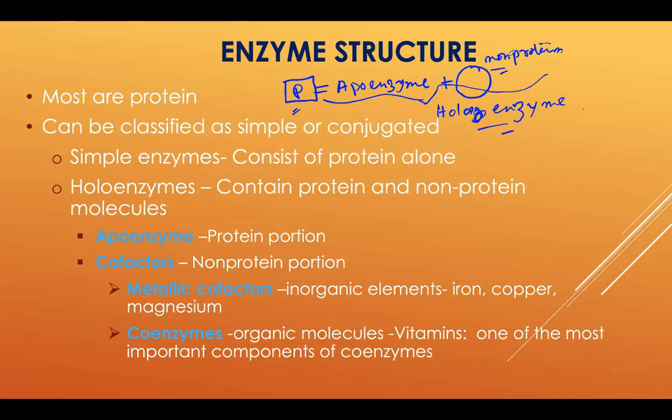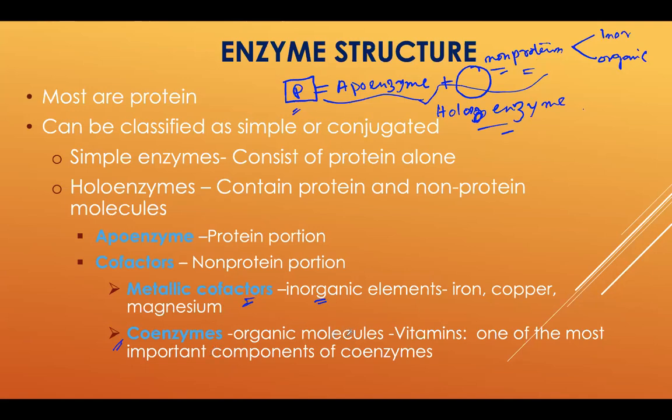Now I said that the non-protein part could be of two different types. It could be inorganic or it could be organic. Okay, when that non-protein part is an organic molecule, then it is a coenzyme. When that non-protein part is an inorganic molecule, then those are the metallic cofactors. Okay, iron, copper, magnesium are all examples of metallic cofactors.